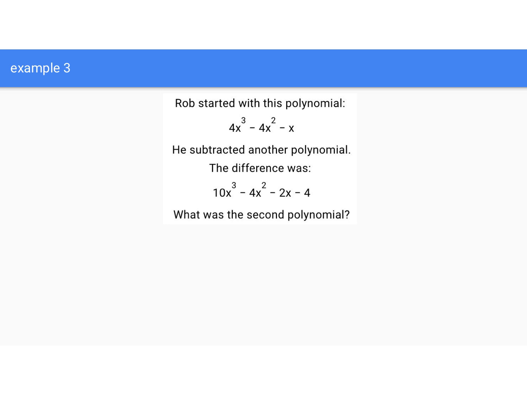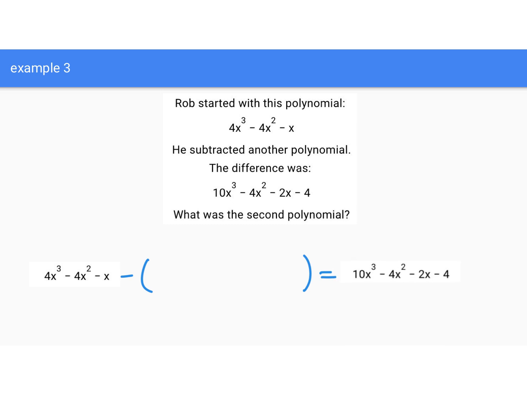The questions that are slightly more difficult are the ones that involve subtraction. It says Rob started with this polynomial, he subtracted another and got a difference of the bottom polynomial. So again, I'm going to begin with what he started with and figure out what he subtracts to get a polynomial like this.